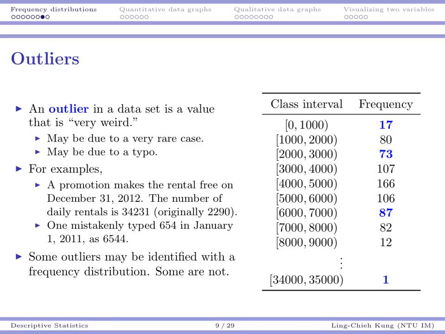For example, here, 654 becomes 6,544. This is a very huge mistake, but you won't see a very obvious difference in your frequency distributions. That means you cannot just rely on your frequency distribution to hope that all the outliers will be identified.